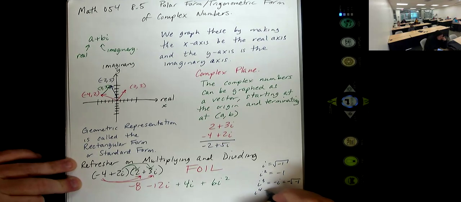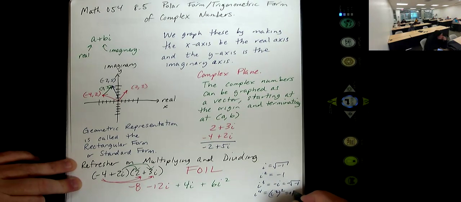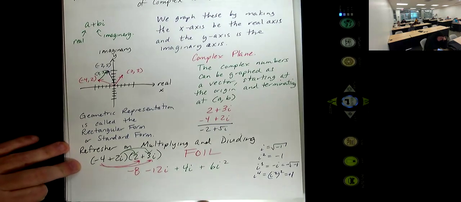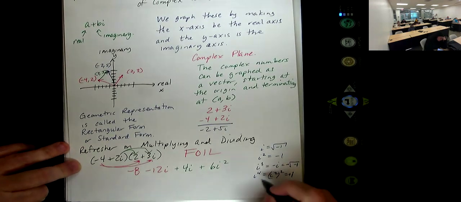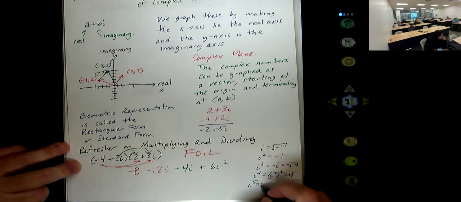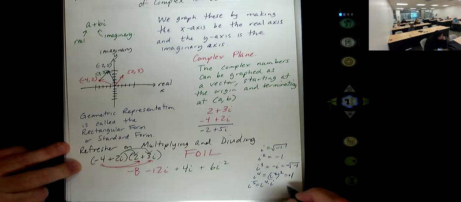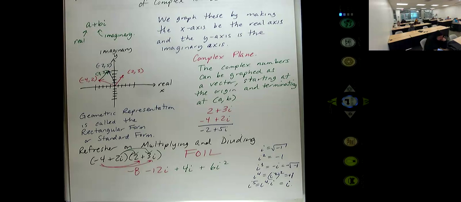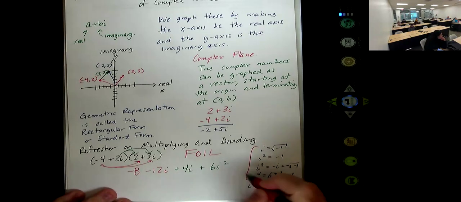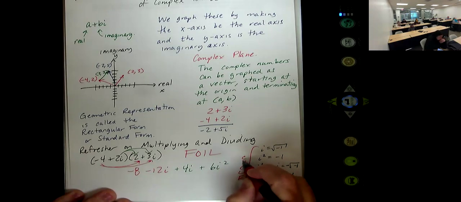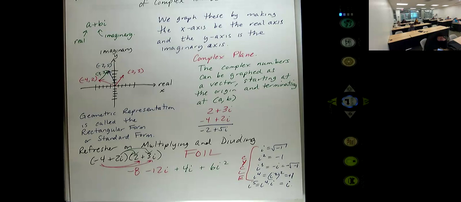And i to the 4th is i squared squared, which is +1. And it starts to cycle. i to the 5th is the same thing as i to the 4th times i, which is just i. So it starts going in a loop. These 4 make a cycle, the cycle of i: i, -1, -i, +1.